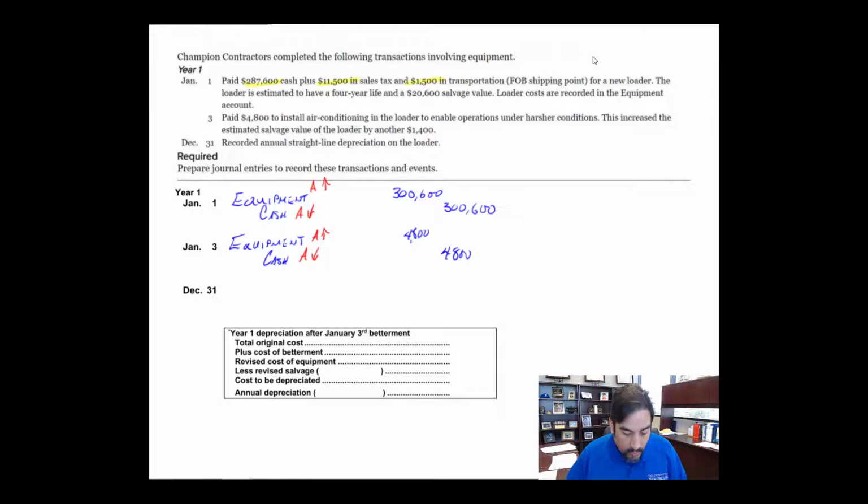And then finally, record the annual straight line depreciation on the loader. So we need to figure out what a year's worth of depreciation is. And we're going to use that formula of cost minus salvage value over useful life.